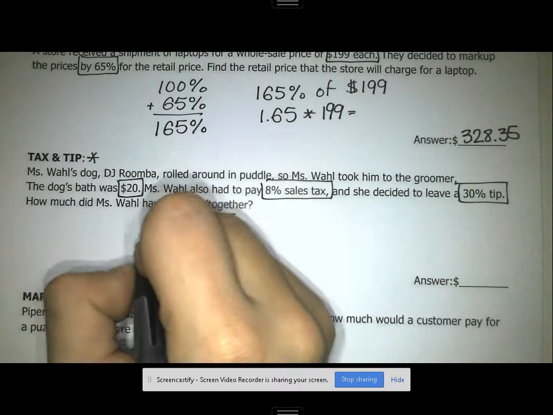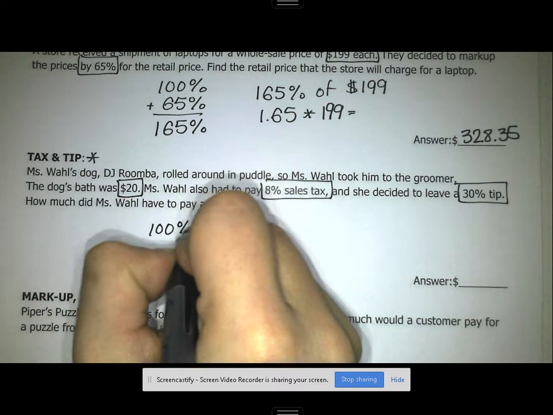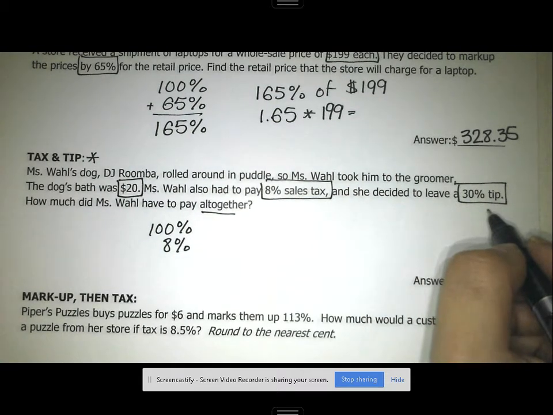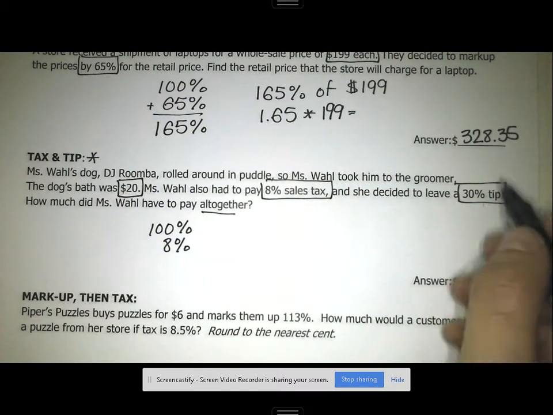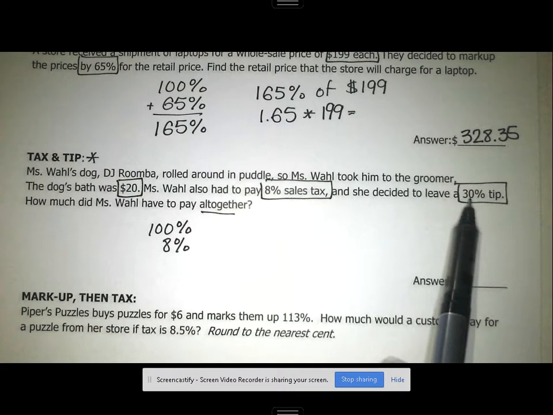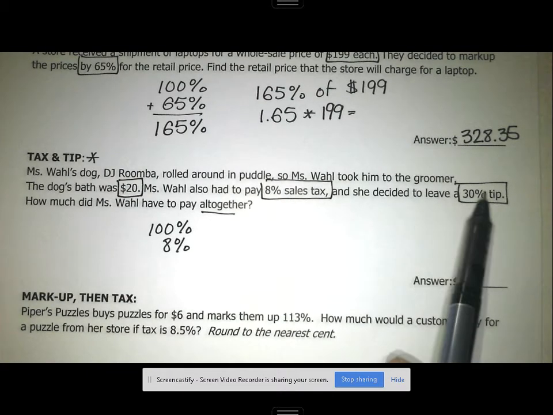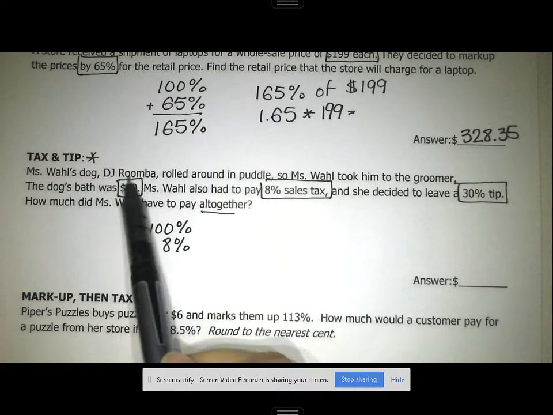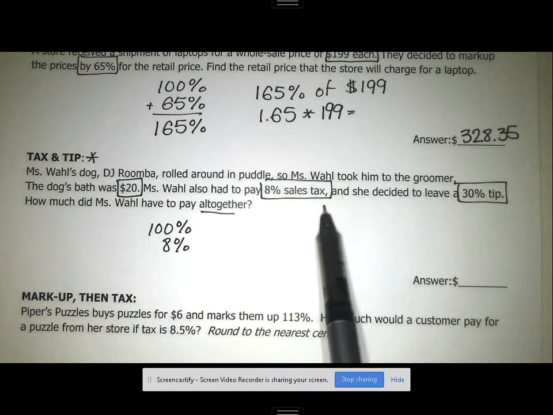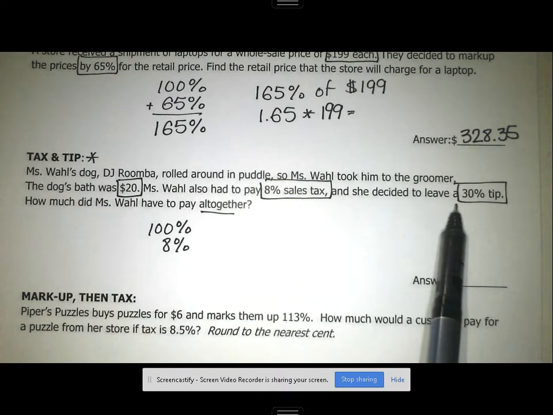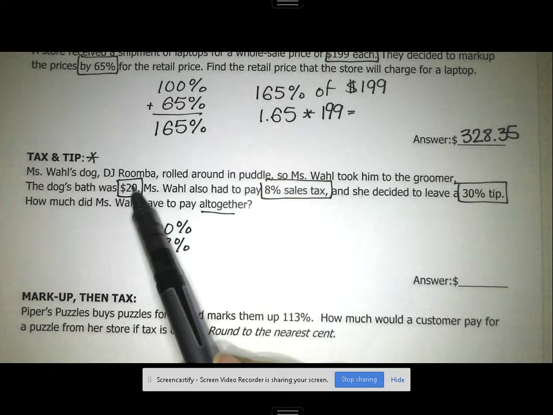So she had to pay 100% of the cost of the haircut, and she had to pay 8% sales tax, and she tipped 30%. Now here's the thing. You don't want to calculate what the cost was with tax and then calculate tip. Because when you tip, you're tipping the person that groomed your dog, and the grooming here was only $20. This 8% extra goes to the government because it's sales tax. But when you tip, you're going off of the $20 it was originally.